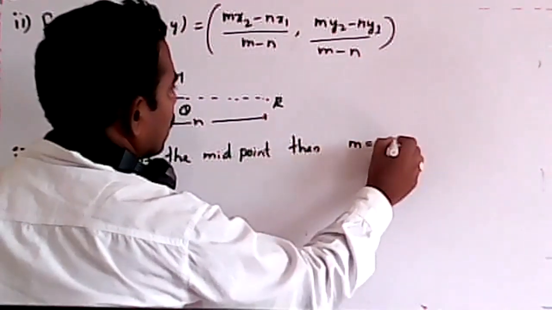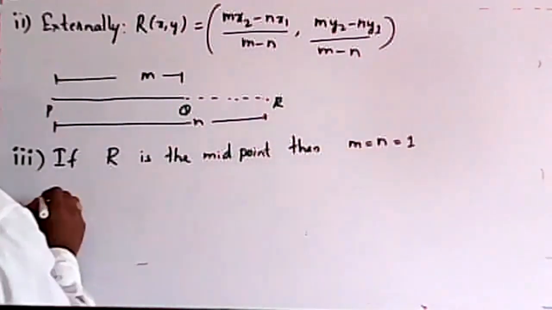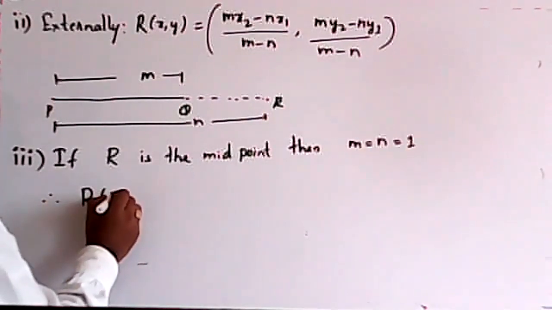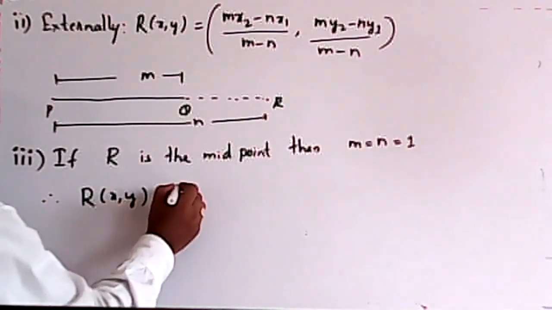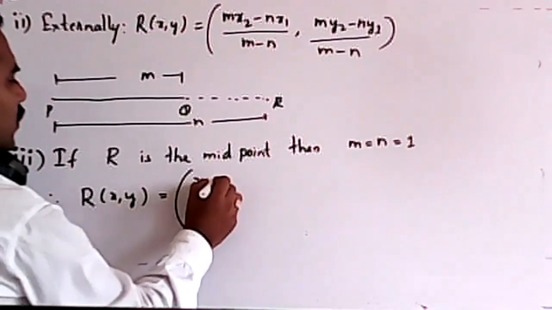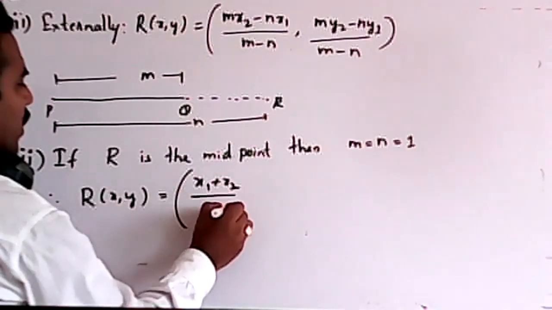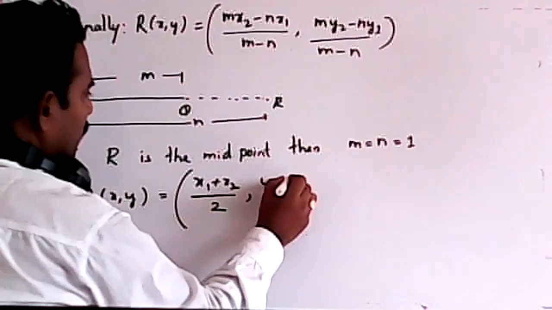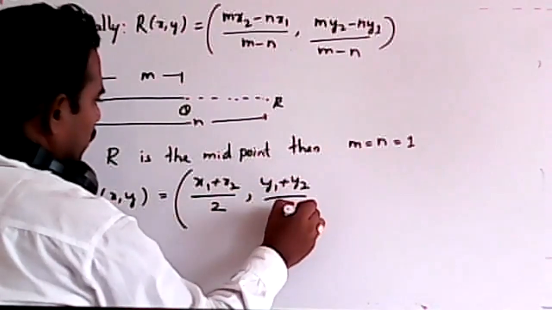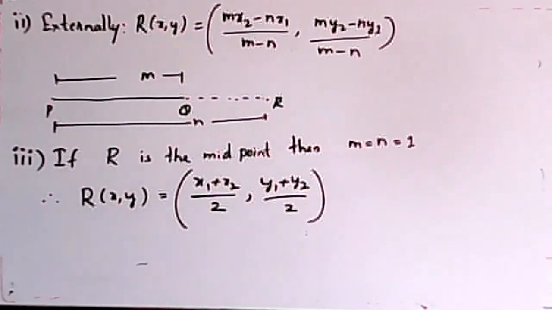M is equal to N. Therefore, R, x y will be given simply the sum of x coordinates by 2. Similarly, sum of y coordinates by 2. We learned these in 10th standard.